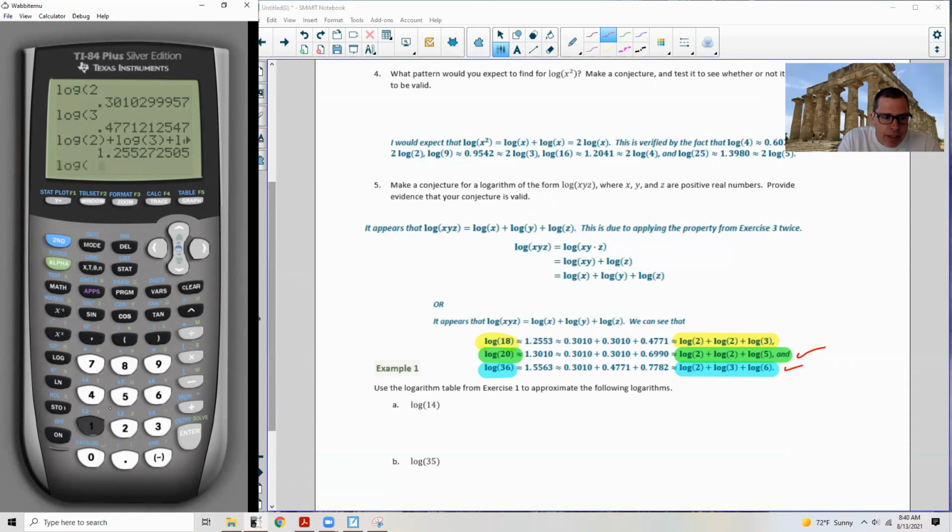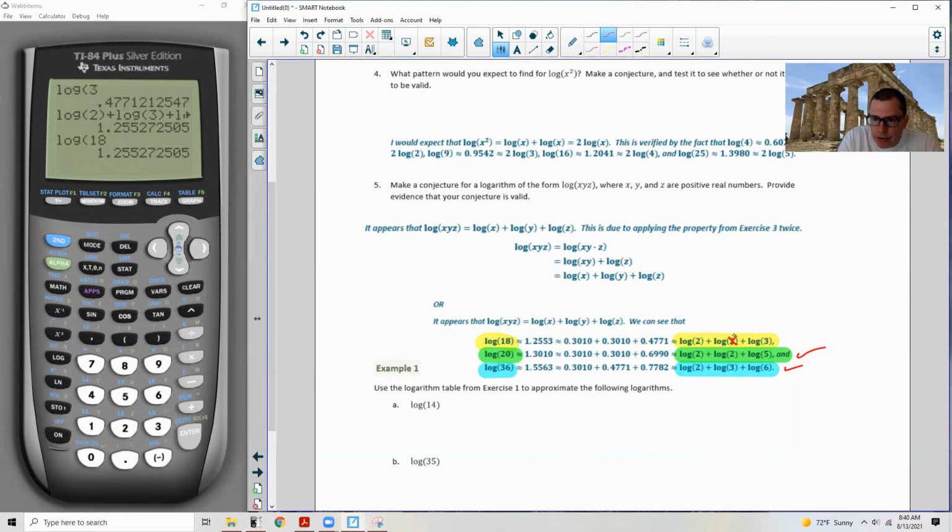And if I check log 18, that is the answer. So they made a typo here. This should be a 3, and this should be a 0.4771.